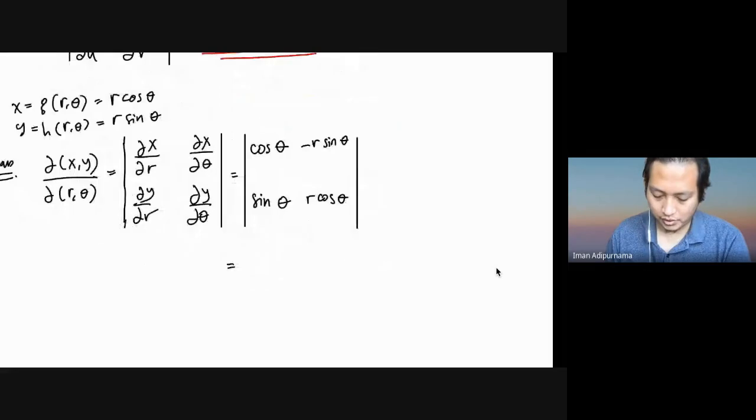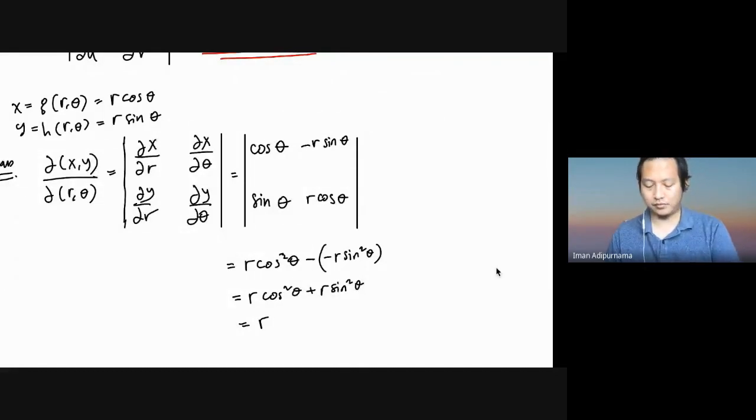And what will happen here, we can get the determinant r cos squared theta plus r sine squared theta, in which you can get r.